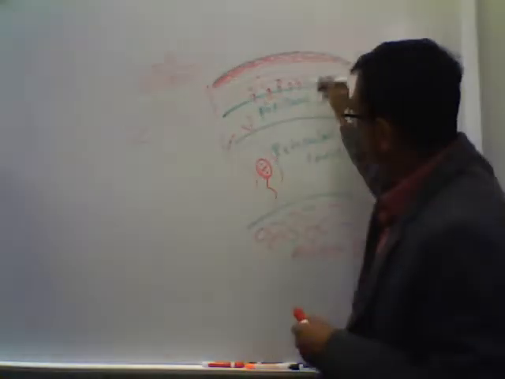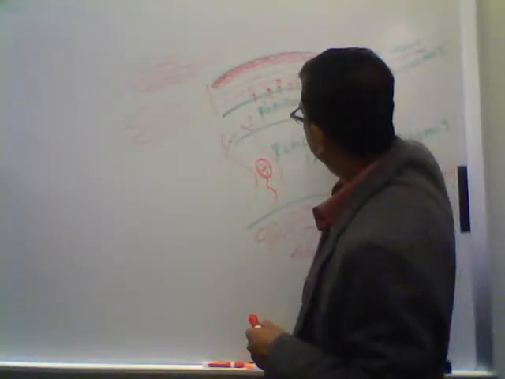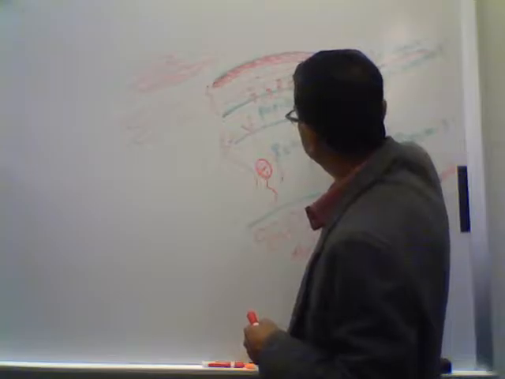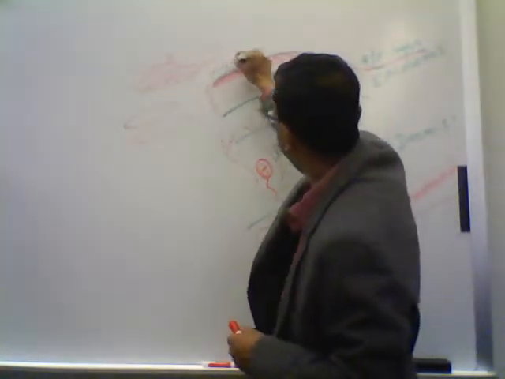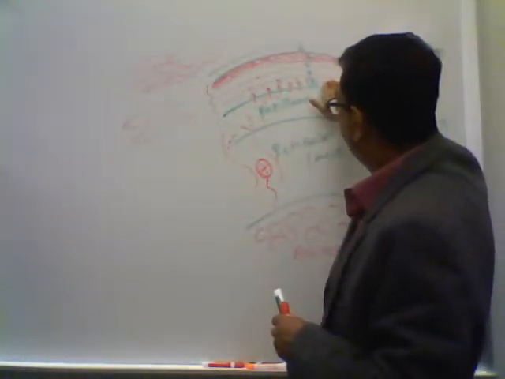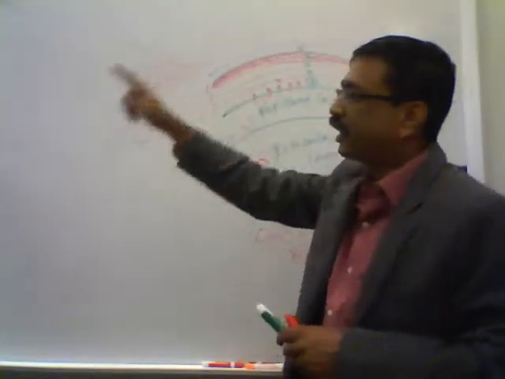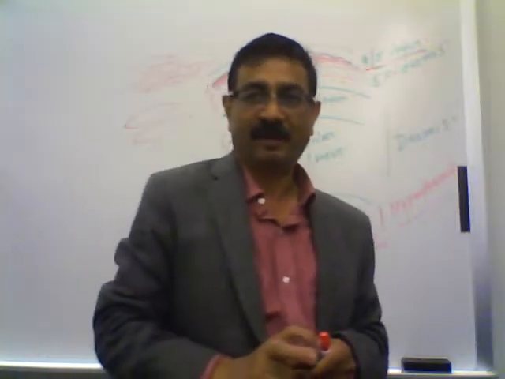If you go from innermost layer to outermost, this is the innermost one. 1, 2, 3, 4, 5. Okay, like that. In thick skin, the innermost layer is called stratum basale or basal layer.